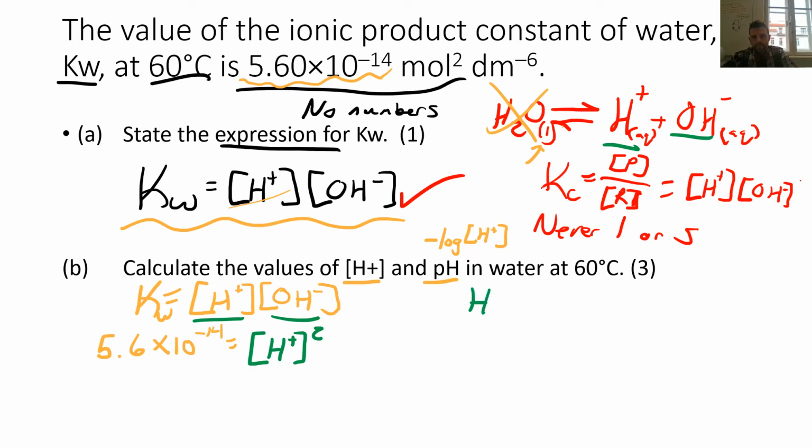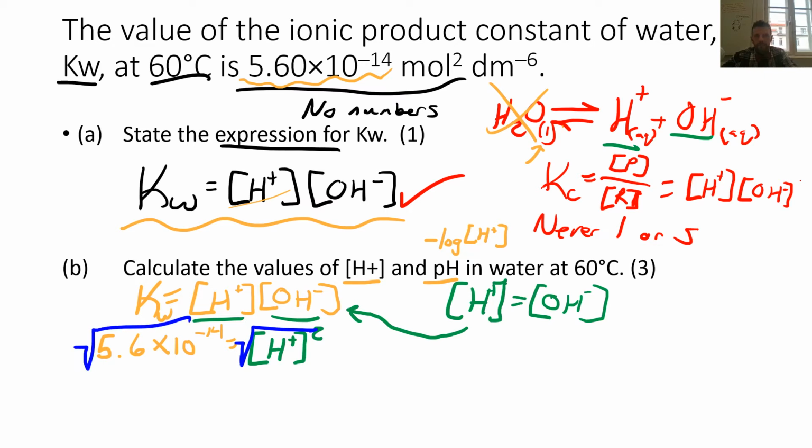The reason why I'm doing this is because the concentration of H plus is equal to the concentration of OH minus, so I'm going to just substitute this in for OH minus. And H plus times H plus is H plus squared. Then I'm going to go ahead and do the square root of both sides.